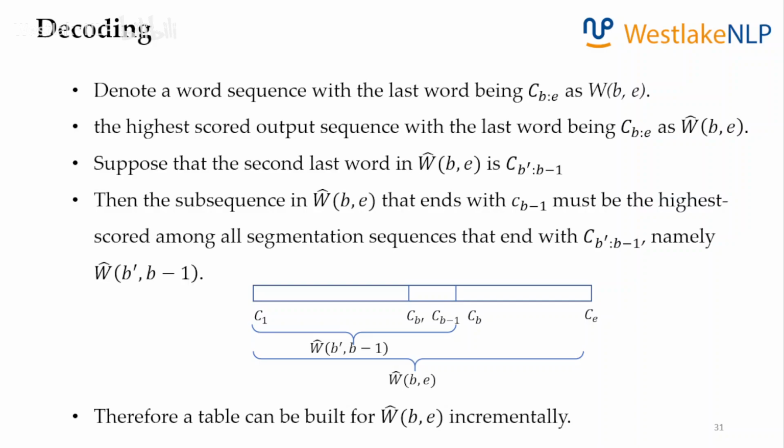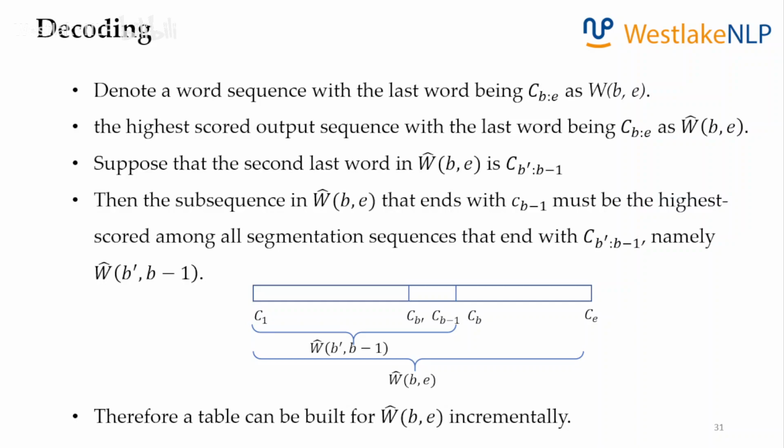If you think about using sequence labeling for word segmentation, each character can be either segmented from the current character or appended to the previous character, right? So the first character must be segmented. From the second character onwards, each character has 2 choices. And there are n minus 1 characters to decide, right? So in the end, there are 2 to the power of n minus 1 possible sequences.